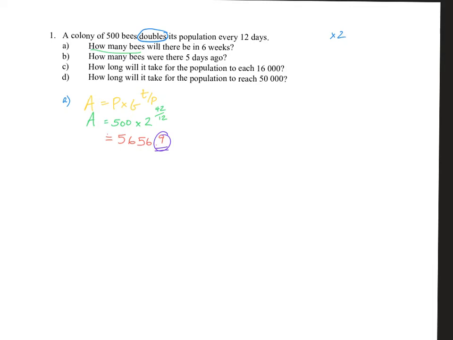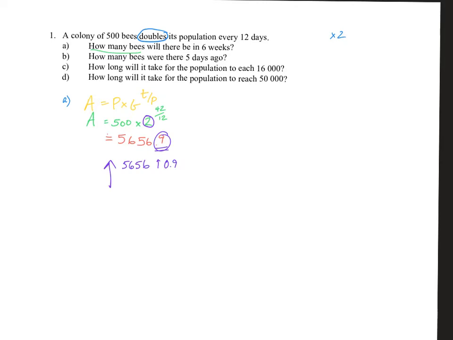Notice that our growth is causing the population of bees to increase. And so as we increase, at some point, we then get to 5,656 bees. Our time period has made us increase just a little bit more to get the extra 0.9 of a bee.